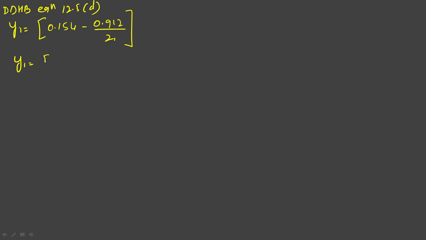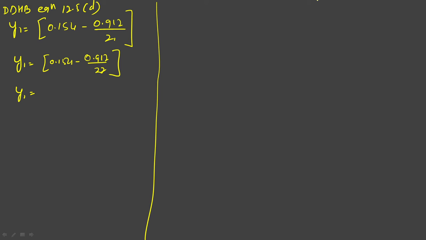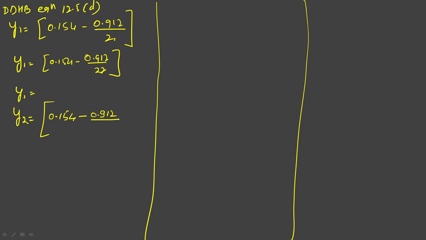This is 0.154 minus 0.912 divided by 22. Find out. Similarly y2 equal to 0.154 minus 0.912 divided by 44.